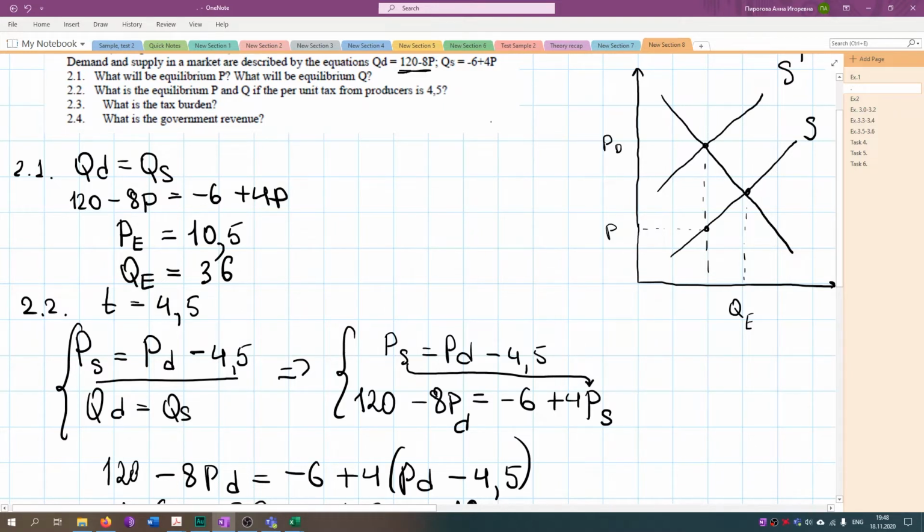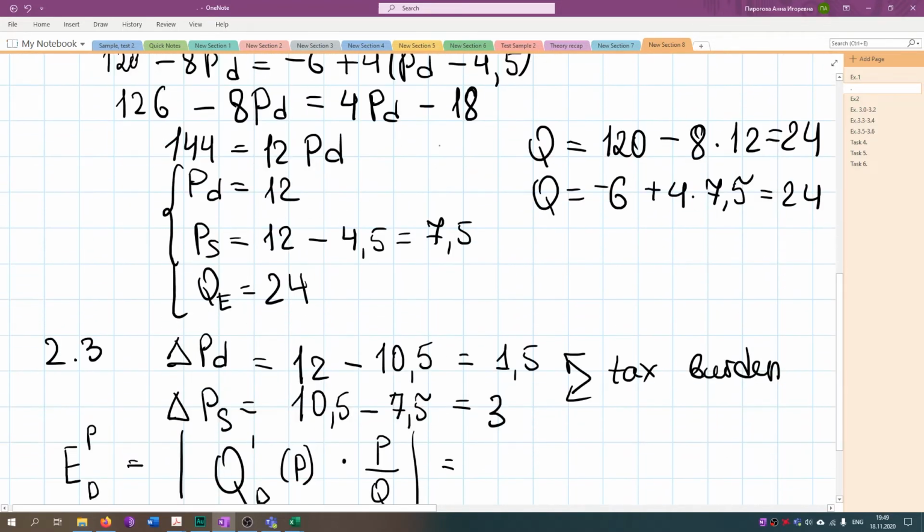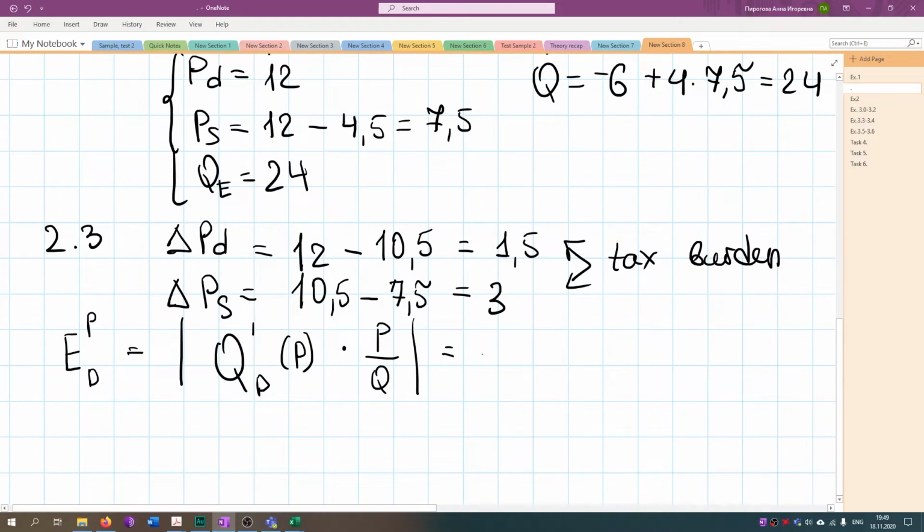If we take the derivative of minus 8p, we will get minus 8, but because we have a module here, we just write 8, and we need to multiply by price.